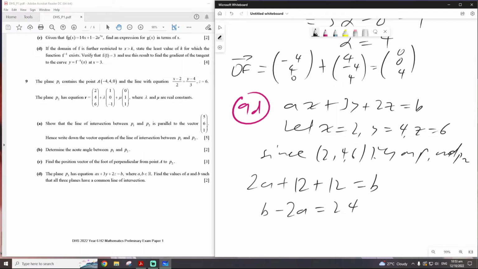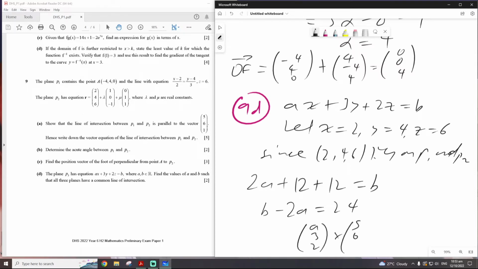Oh yes, the normal vector will be (a, 3, 2). And this normal vector is perpendicular to the intersection line, which is (5, 6, 1).